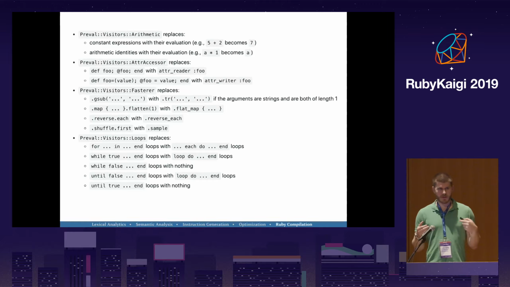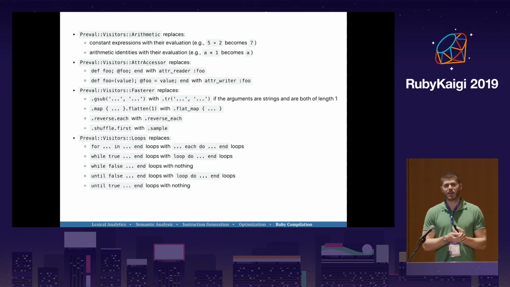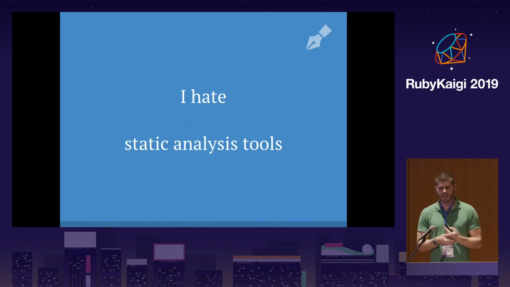And this is the part of the presentation where I tell you that I hate static analysis tools. The reason I hate static analysis tools is I feel like about half the time they're being used, it's managers going in and putting them in place so that they don't have to have conversations with you, so that they can avoid having style questions, which is great.